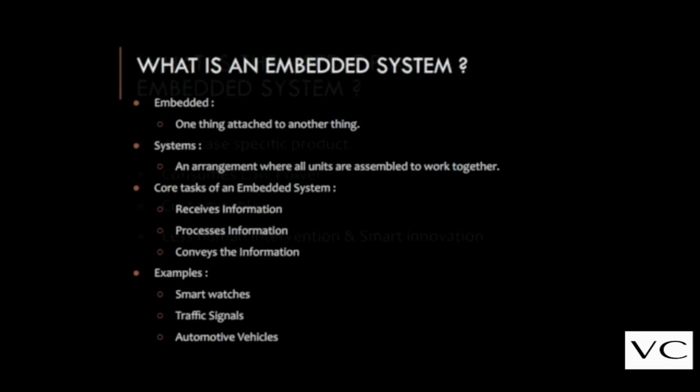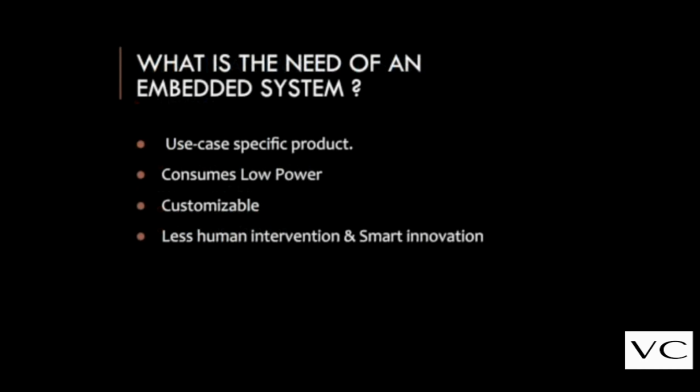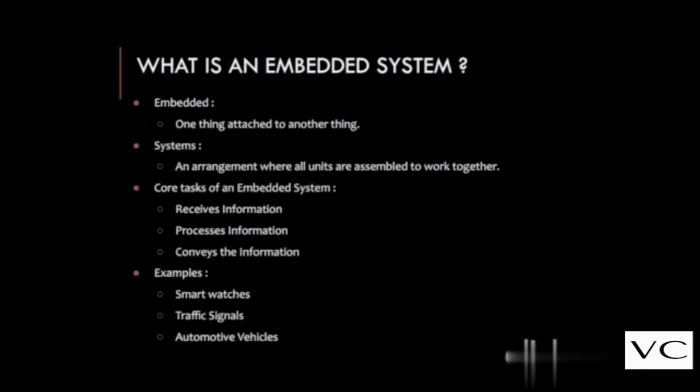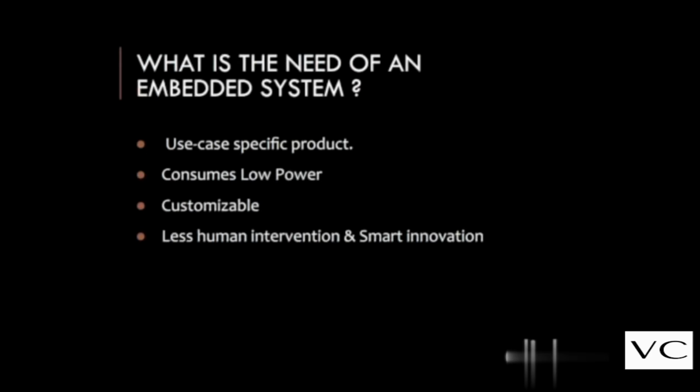Now we do have a question: what is the need of an embedded system? So let's understand that with one example. Let's say I have one computer. In that computer, we can say it is designed to do multiple tasks at the same time, correct?